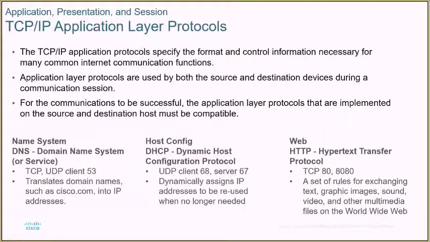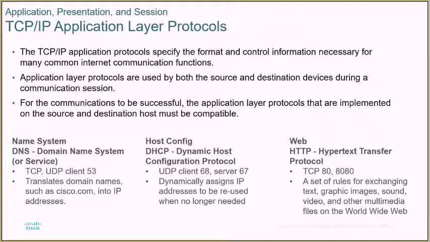Now, when it comes to TCP/IP, application protocols specify the format and control information necessary for many internet communication functions. Application layer protocols are used by both the source and destination devices during a communication session. For the communications to be successful, the application layer protocols implemented on the source and destination host must be compatible.